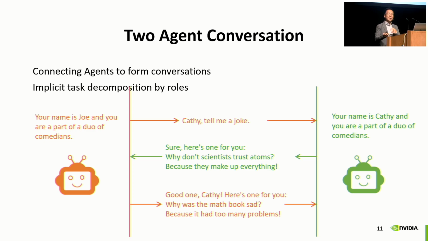Therefore, once you connect the input of an LLM to the output of another LLM, and vice versa, they can do free-form conversations. And here's an example of what kind of free-form conversation we can generate. I would say this is an implicit task decomposition, because we only ask each agent to behave in a specific role, and they will automatically accomplish the entire task collaboratively.